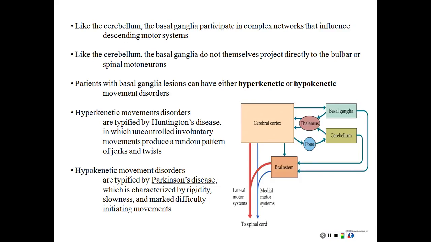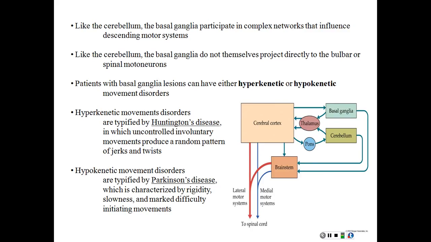Both of these we know are really unfortunate neurological disorders, but they are very different because in Huntington's disease there's too much activity going on. There's this jerking, flailing, twisting movements going on. Too much activity. In Parkinson's, if you look at a patient, they're sitting there, their face is kind of a flat affect, right?